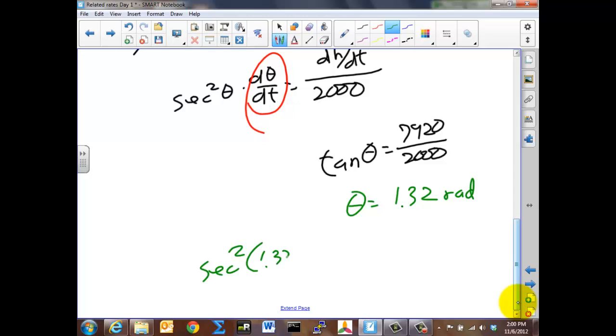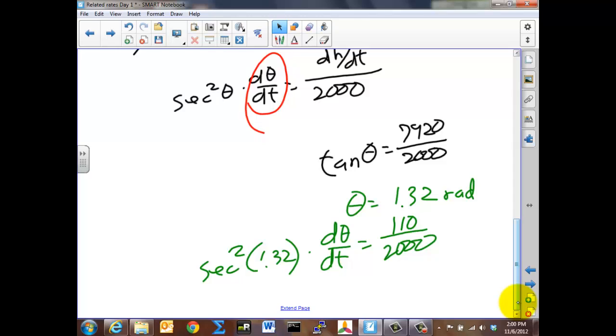We can come back down here now and we can say we've got the secant squared of 1.32 times d theta over dt equals 110 over 2,000. And assuming we can punch our calculating device, we can figure out what that is.